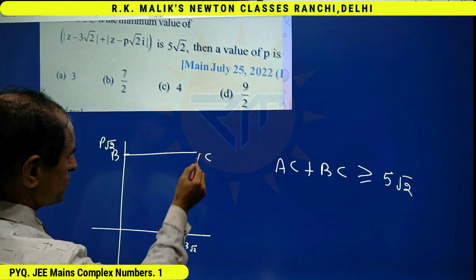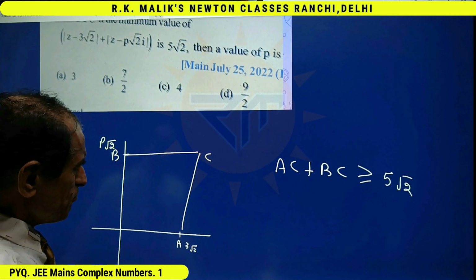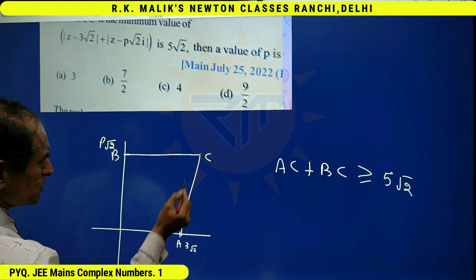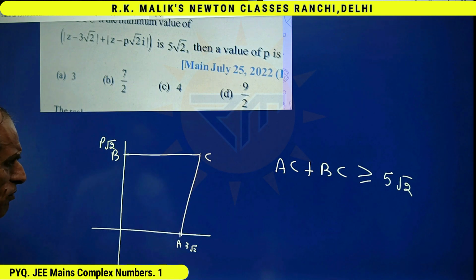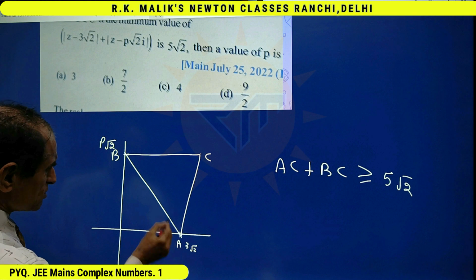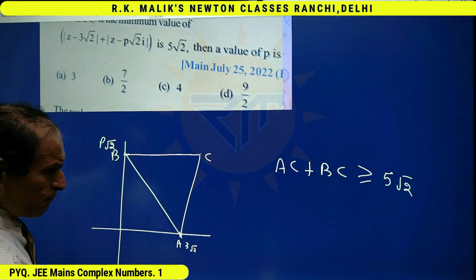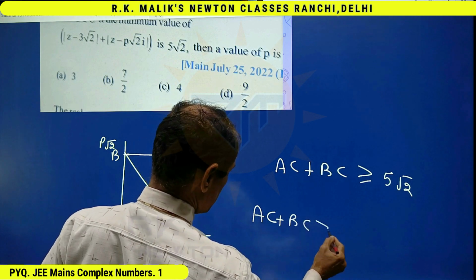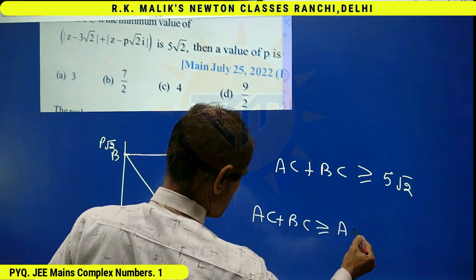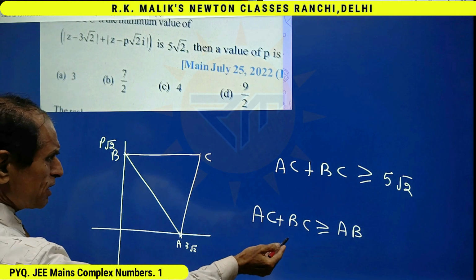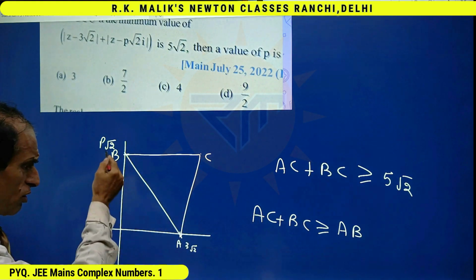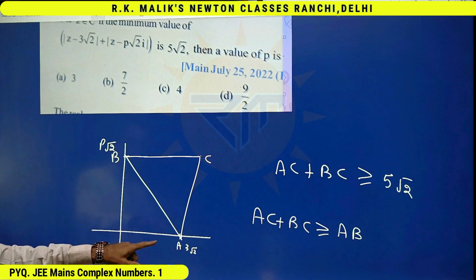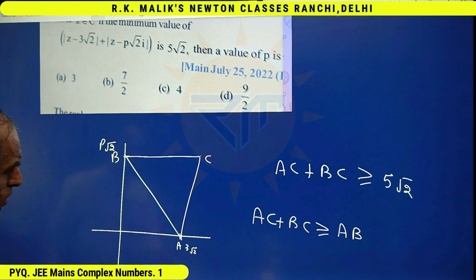Clearly AC plus BC will be minimum when C lies somewhere on AB. That is, I can say AC plus BC has the minimum value AB, and this will be there when C lies somewhere on the line segment AB, and the minimum length is given to you as 5 root 2.